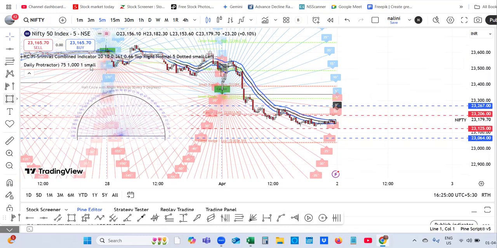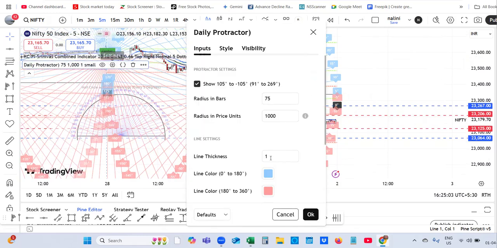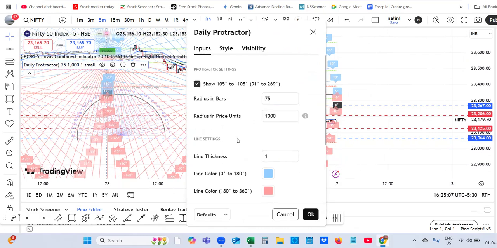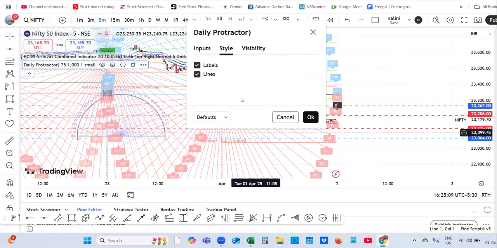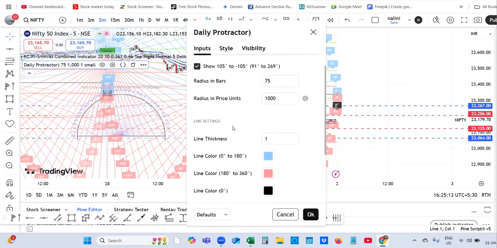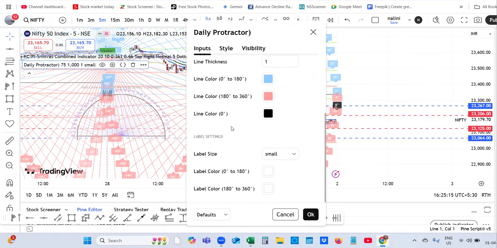Actually, if I go there, anything small, label, thickness, style, labels only. The radius is showing 25 bars. It is calculated for lines.